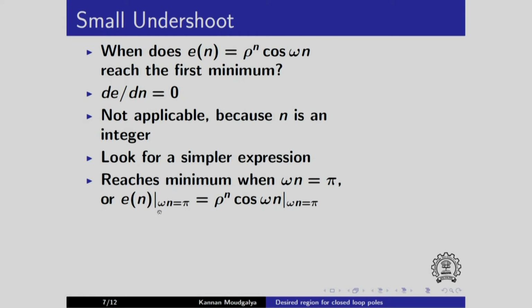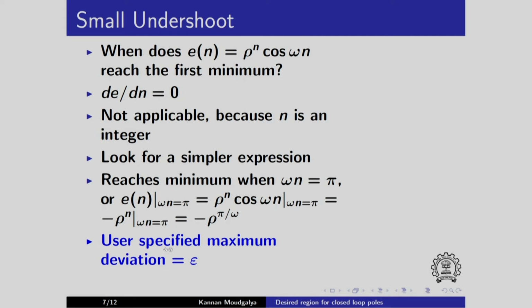So when I substitute omega n equals pi in rho^n cos omega n, it becomes minus rho to the power n, and once again we have to substitute for n from here, so it becomes minus rho to the power pi by omega. So user specified maximum deviation is epsilon, so the absolute value of this should be less than epsilon, or we have rho to the power pi by omega should be less than epsilon.